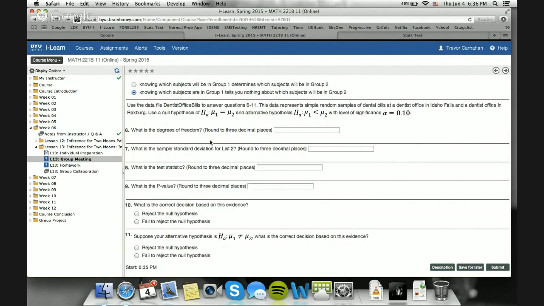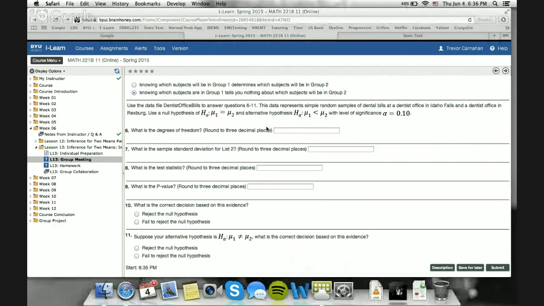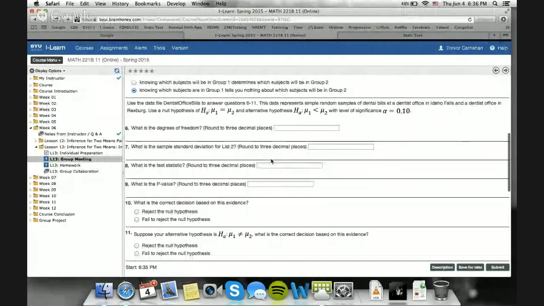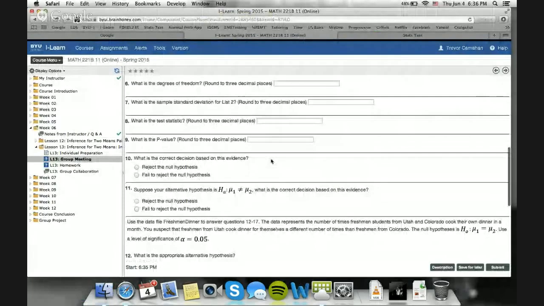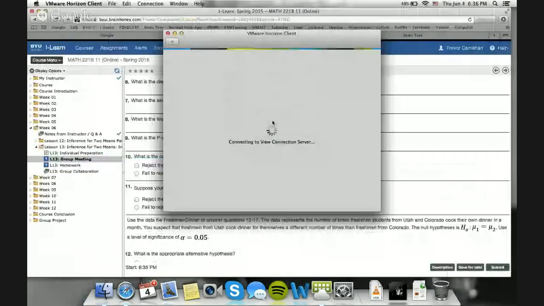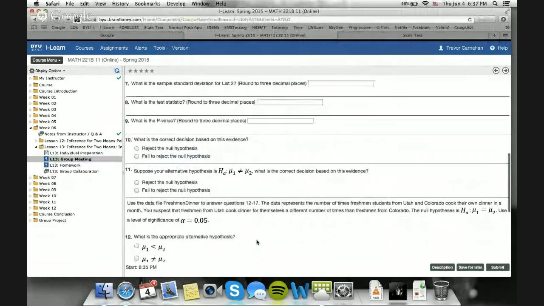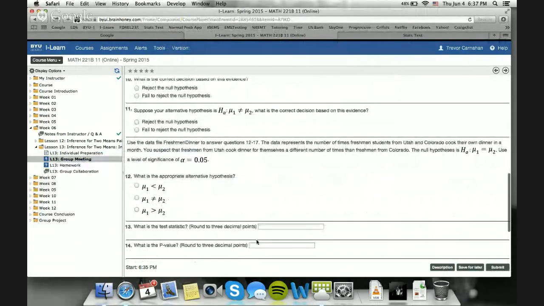So we have to pull up this. Okay, so we got to pull up this next one in SPSS. Which one was it? The dentist office bills.